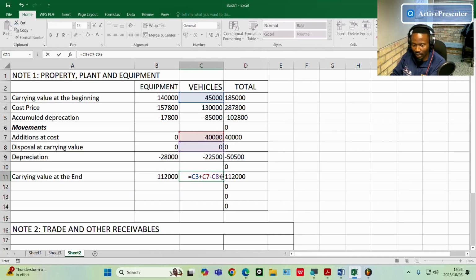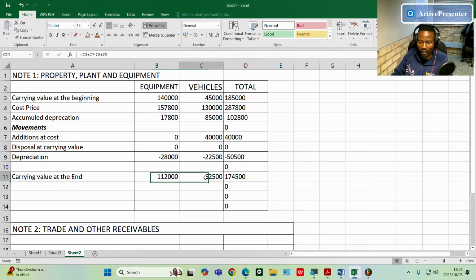Don't mind that I put a plus here, it's because it's negative. Then you'll get your carrying value at the end. Okay, there's also another way to check if this is correct.